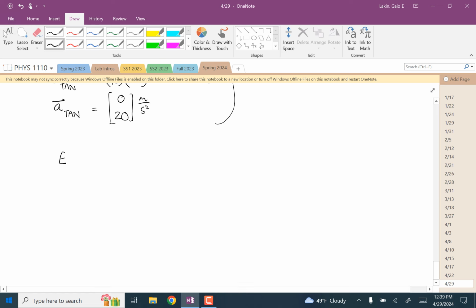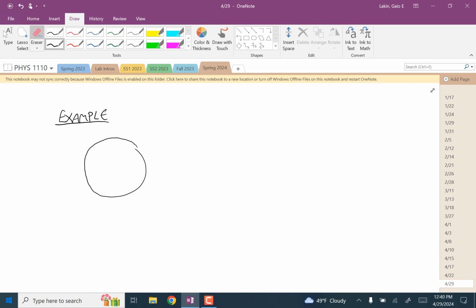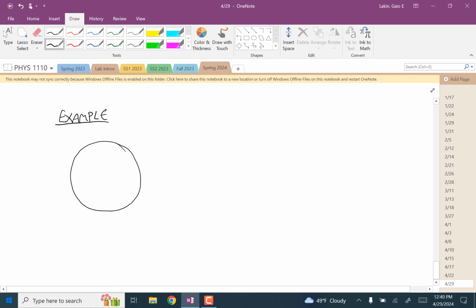Okay, I'm going to do another similar example and just give you time to try to think through it. So let's say we have a circular object. And this is the fixed point at the center.